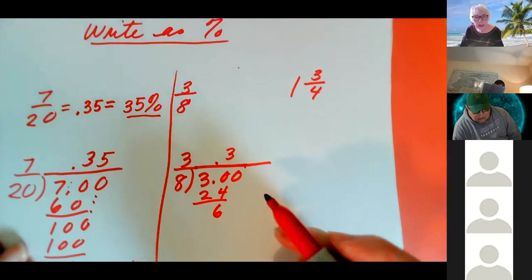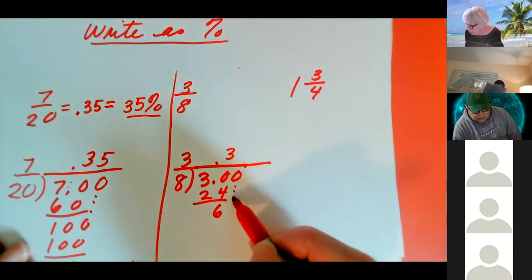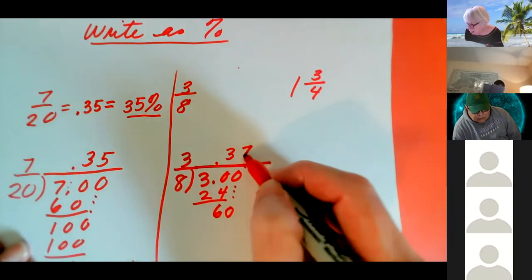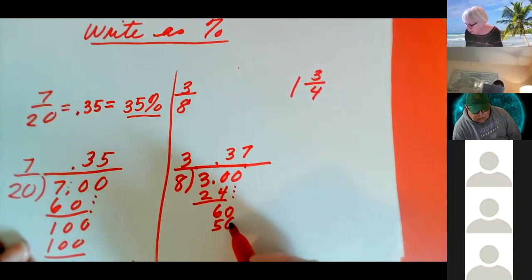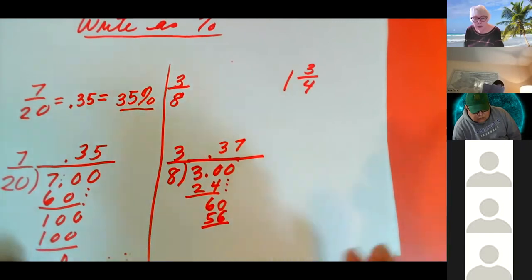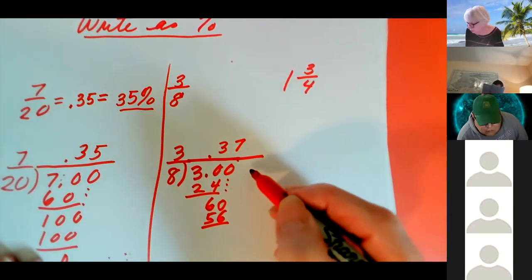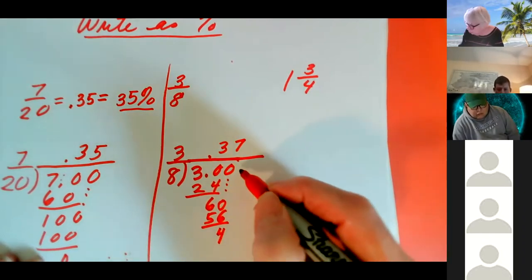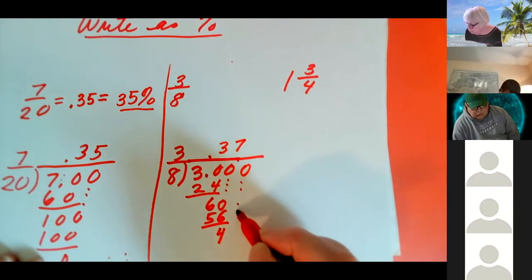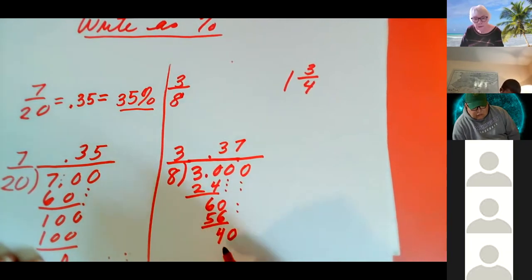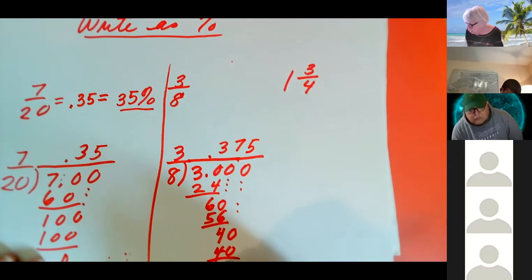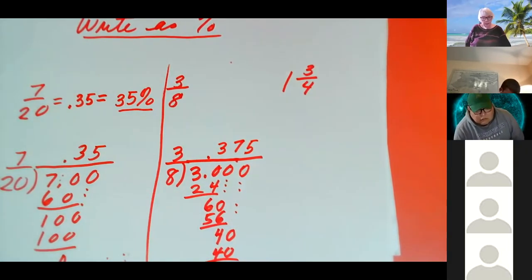I'm subtracting and getting 6, and this is coming down. 8 into 60 is 7. That's 56. I know how this is going to turn out. This is going to be 4 left over. 1 more 0 will finish this off. 8 into 40 goes 5. 5 times 8, 40. No remainder, that's what we like.